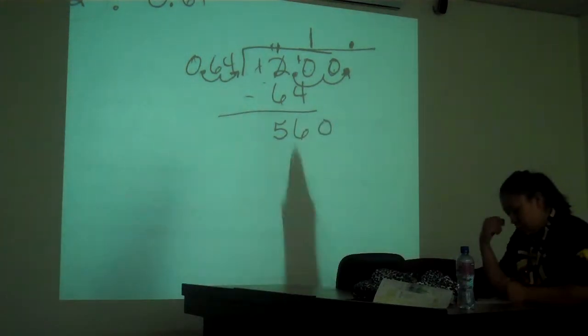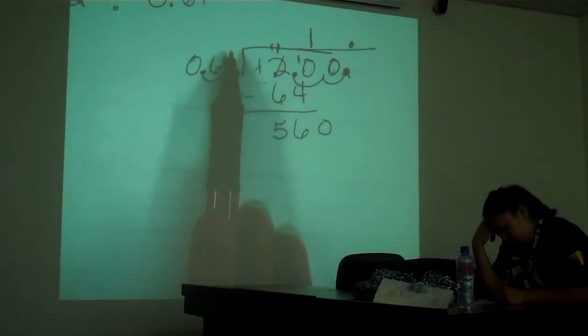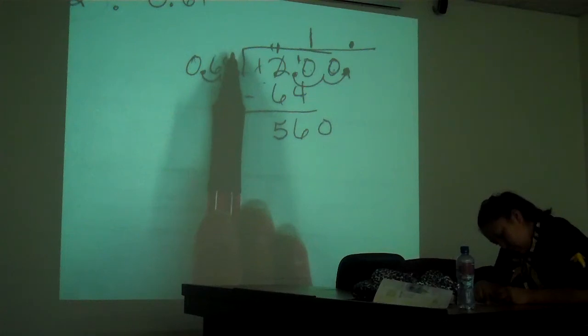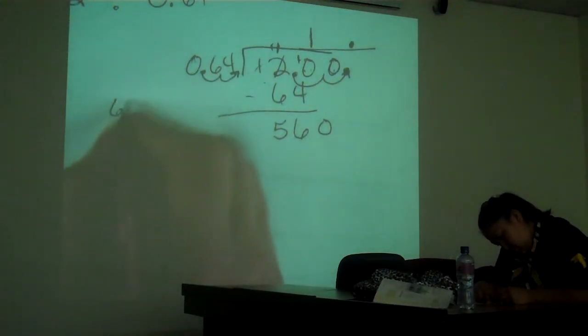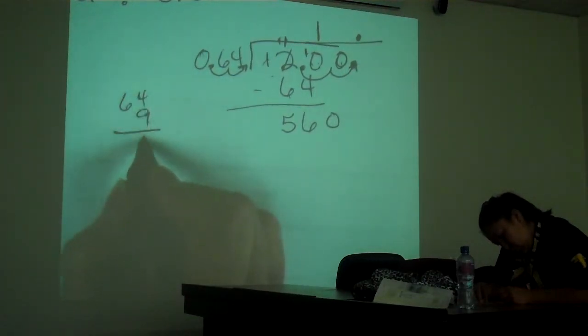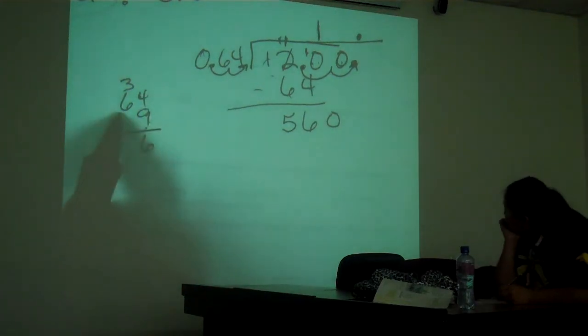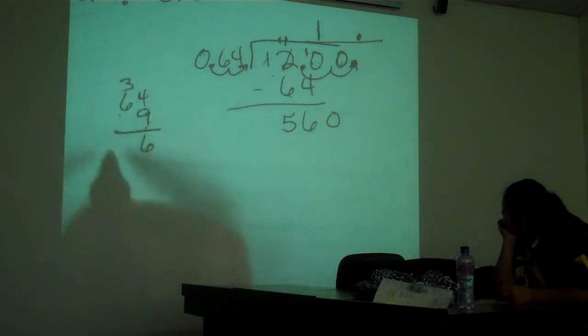Okay, let's look at the 6. How many times will we put 6 into 56? 9 times. Probably about 9. Let's try 9 and see if it's too big, big enough, whatever. 9 times 4 is 36. 9 times 6 is 54 plus 3.